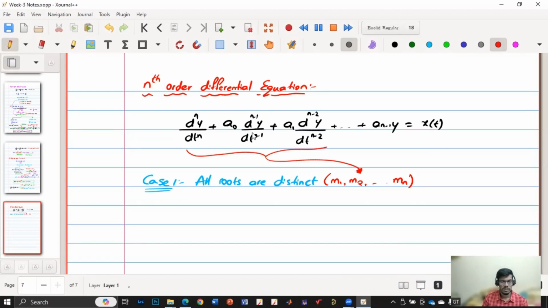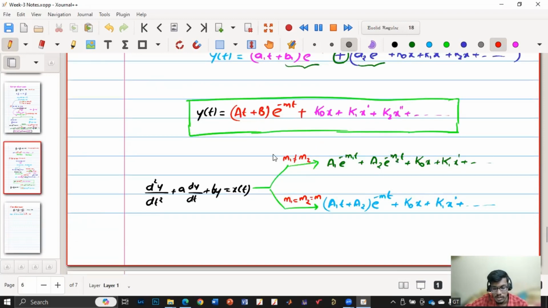Anyone? Using this expression, something similar to like this.